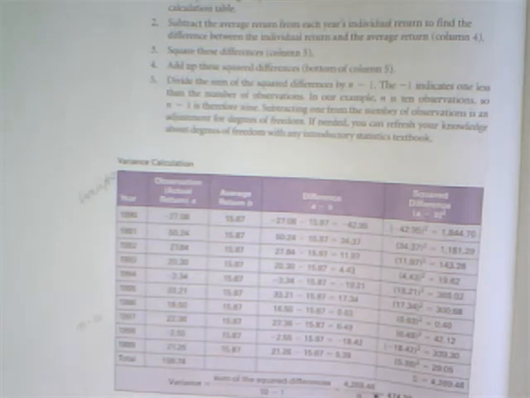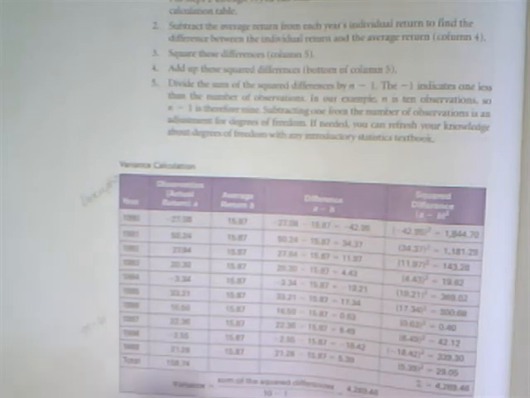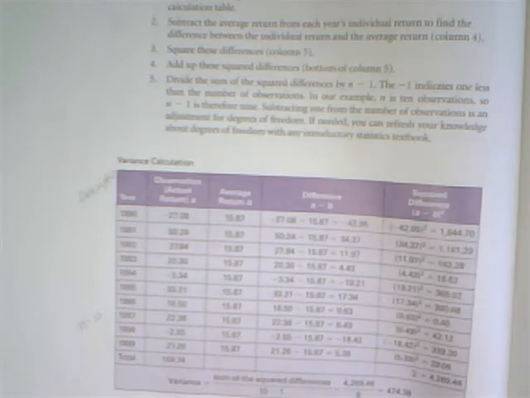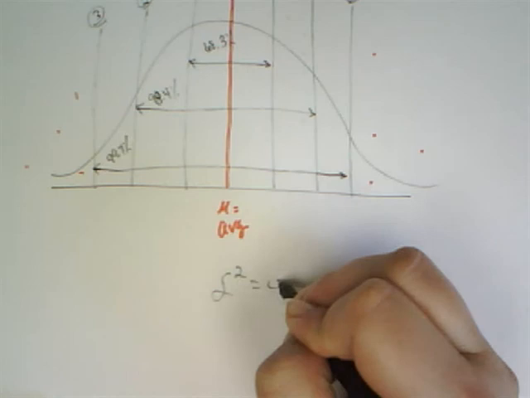We divide that by 9. And you'll see here that the n, or the 10 minus 1, this is the number of observations minus 1, allows us to divide this by 9. And the answer of 474.38 is our variance. And the symbol for variance is alpha squared.